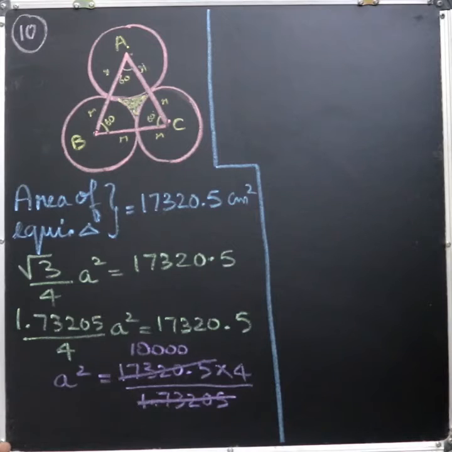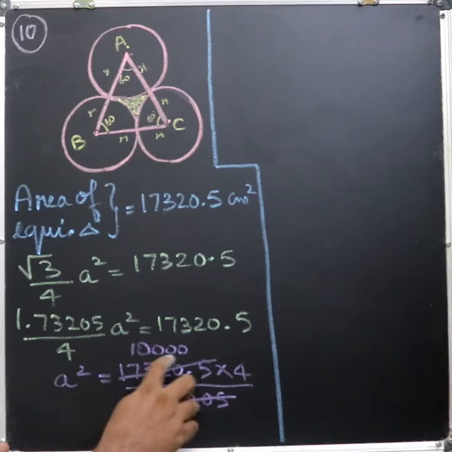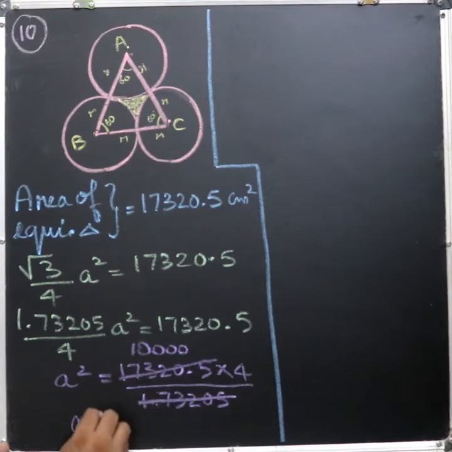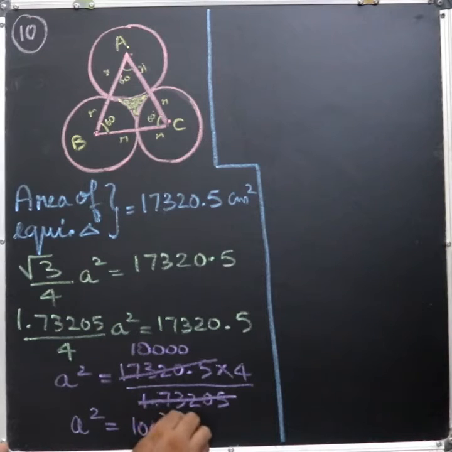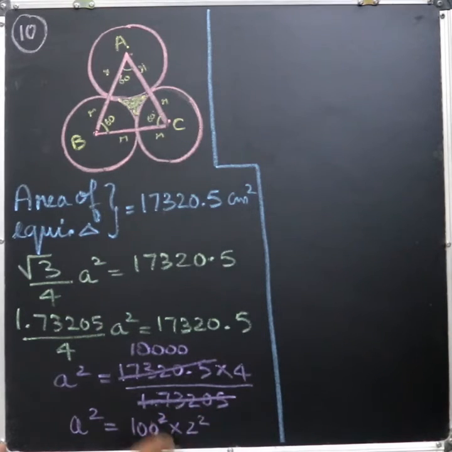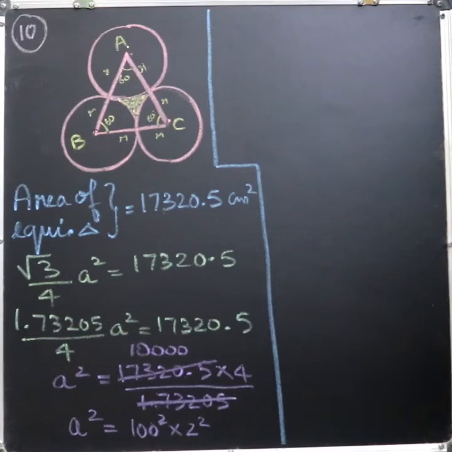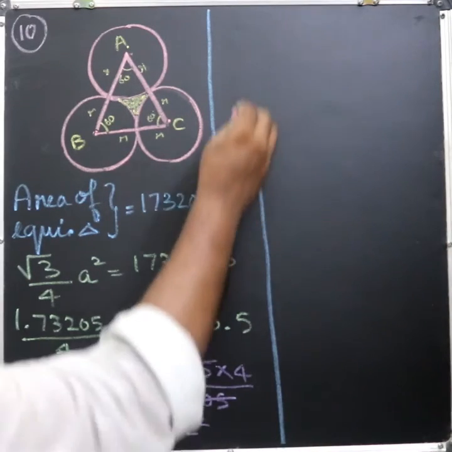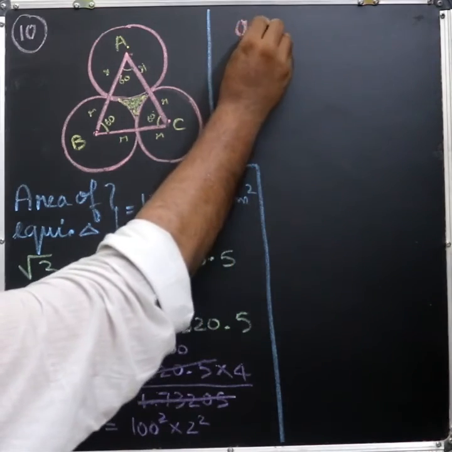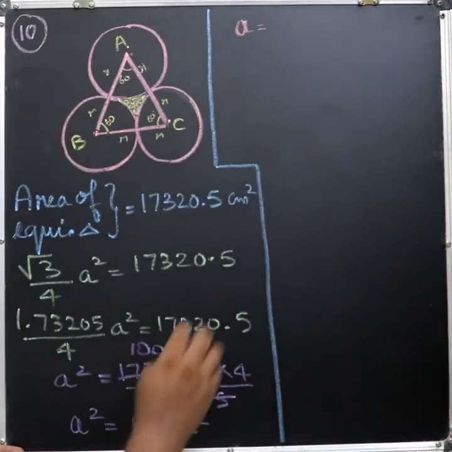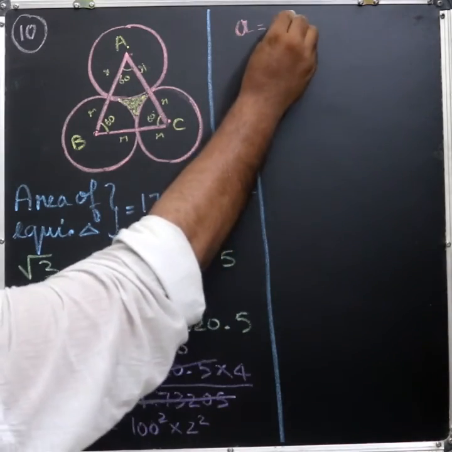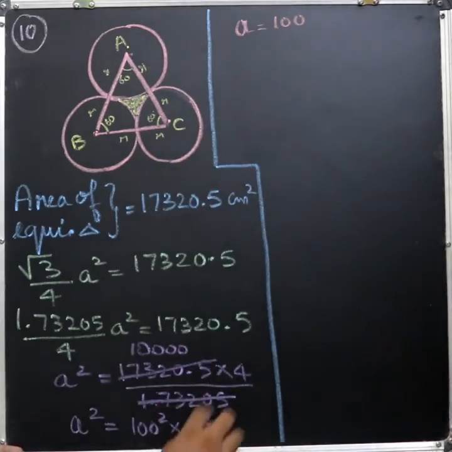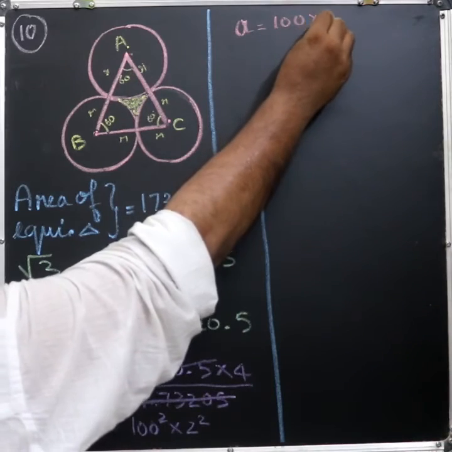Now we have a squared equal to 10,000 into 4, which is nothing but 10,000 is 100 squared and this 4 is 2 squared. So when you take the square root on both sides, our a value is going to be the square root of 100 squared, which is 100, times the square root of 2 squared, which is 2.